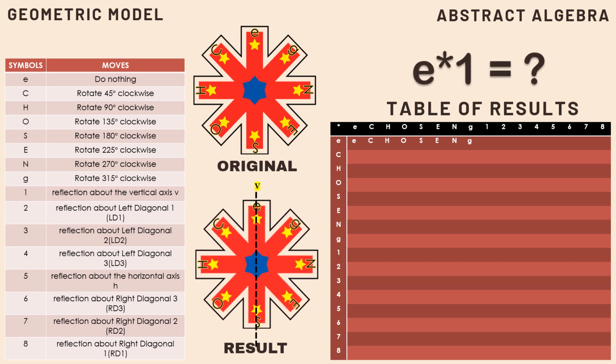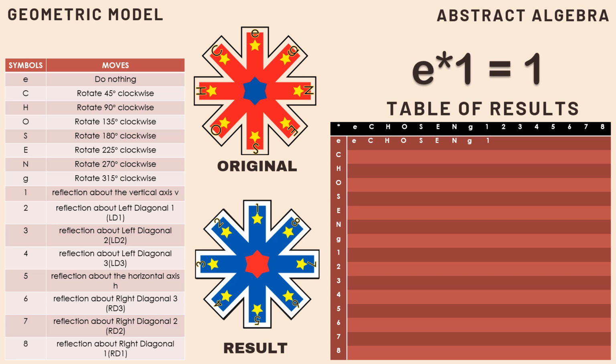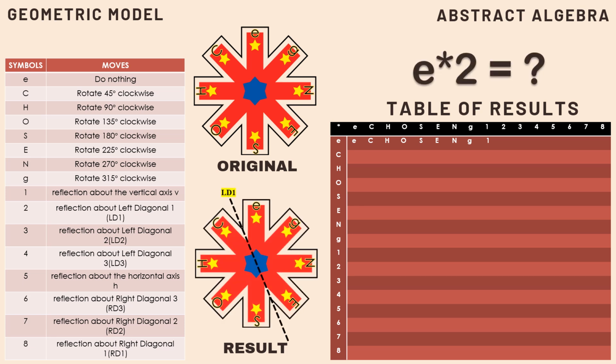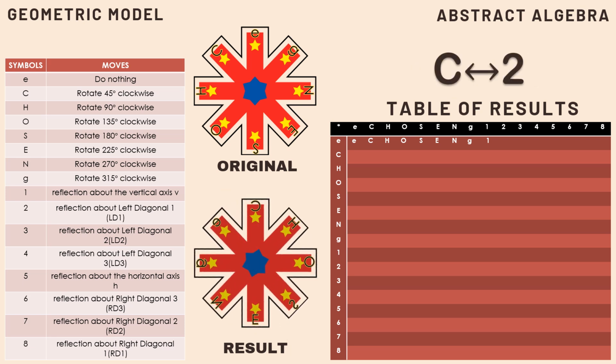Next, we have E operates to 1, which is the reflection about vertical axis V. So E star 1 is 1. E star 2 or the left diagonal. Since C maps to 2, it will become 2.